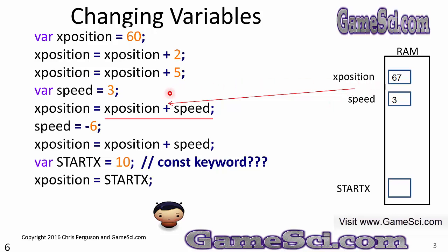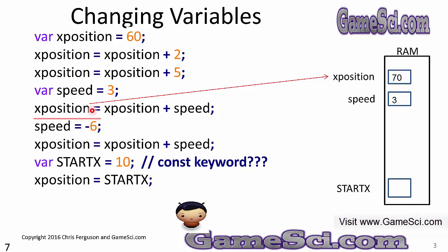I'm going to pull the 67 out of x_position. I'm going to pull the 3 out of speed. 67 plus 3 is 70. Once I've finished calculating 70, then I will do the assignment operator. And the assignment operator changed x_position to 70. And in case you didn't notice it, my character moved over to position 70 on the x-axis.